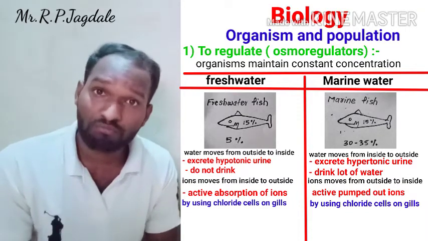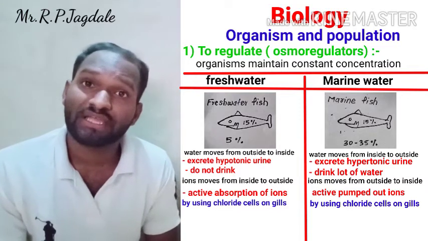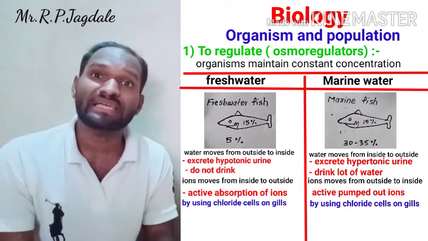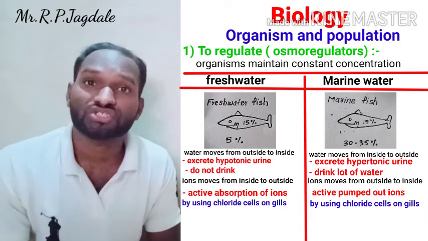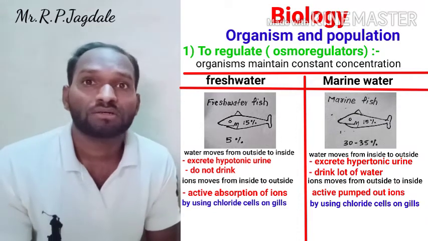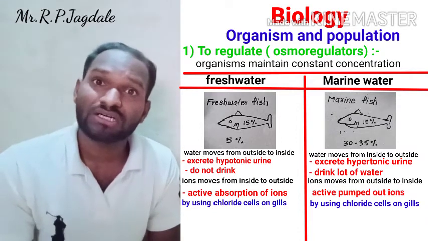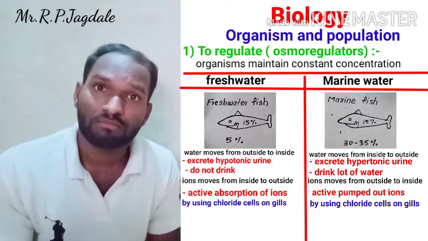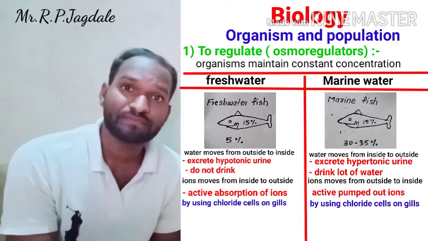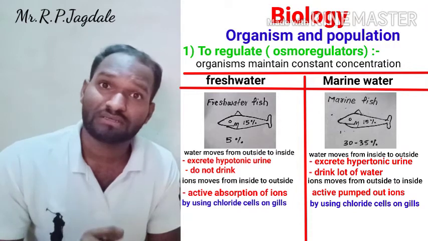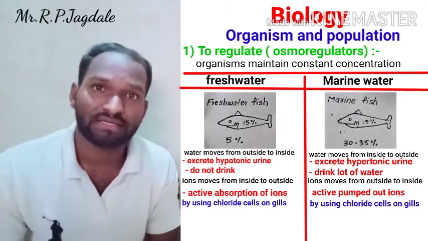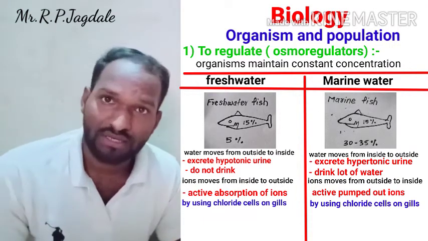So by comparing both, the function of the regulator is to maintain the internal concentration constant. Those are the two components, fresh water and marine water, but the function is to regulate, that is, these are the regulators.